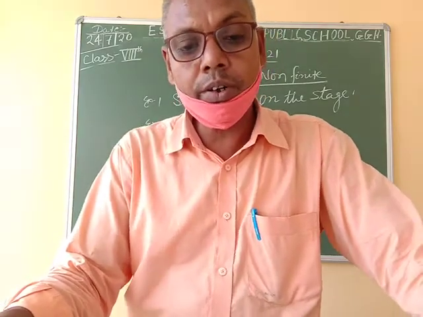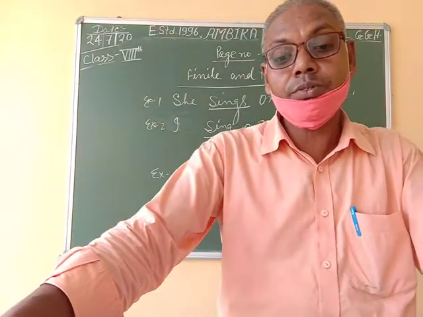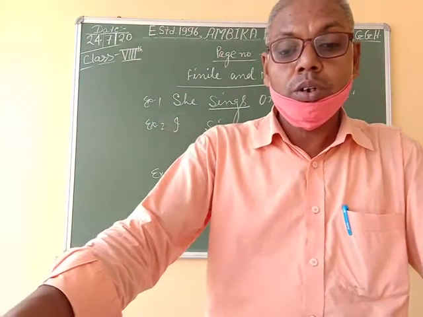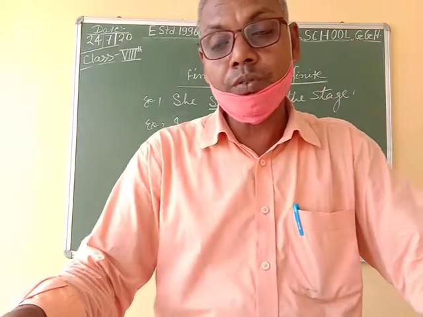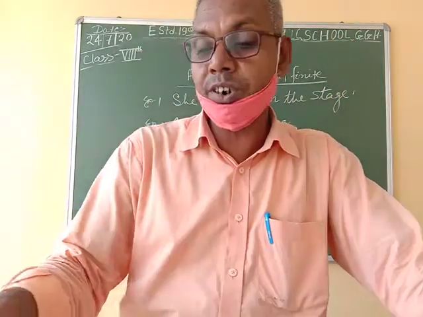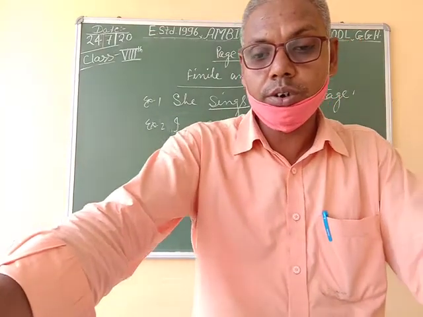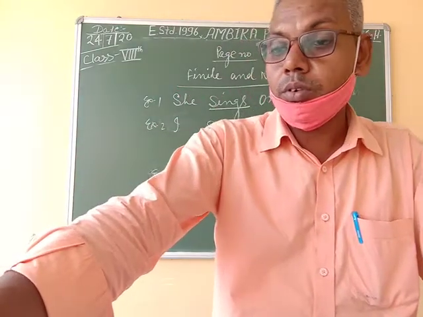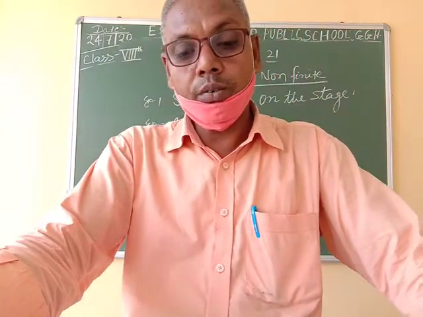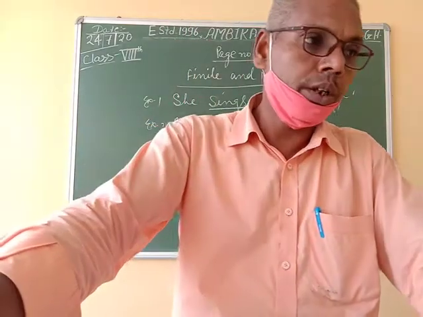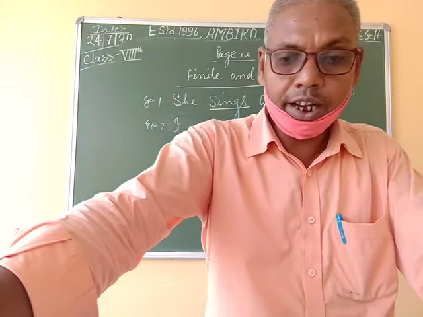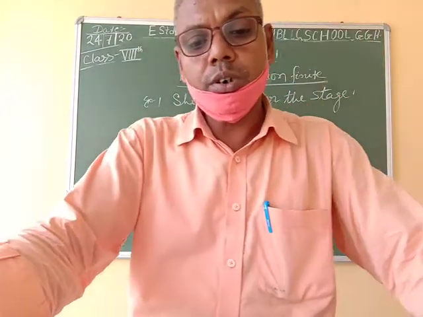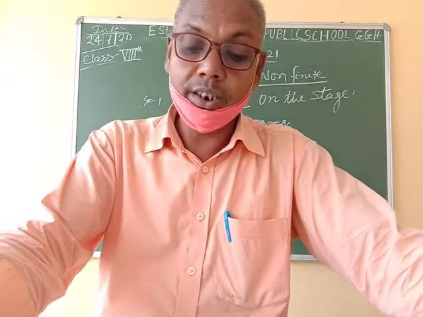Okay, now page number 23, Word Power: fill in the blanks with the appropriate noun or verb from the box. Two types of words, two parts of speech, are given in the box, and you have to use them. You have to decide where the noun form will suit and where you can use the verb form according to the nature of the sentence, and put these particular words in the blanks.